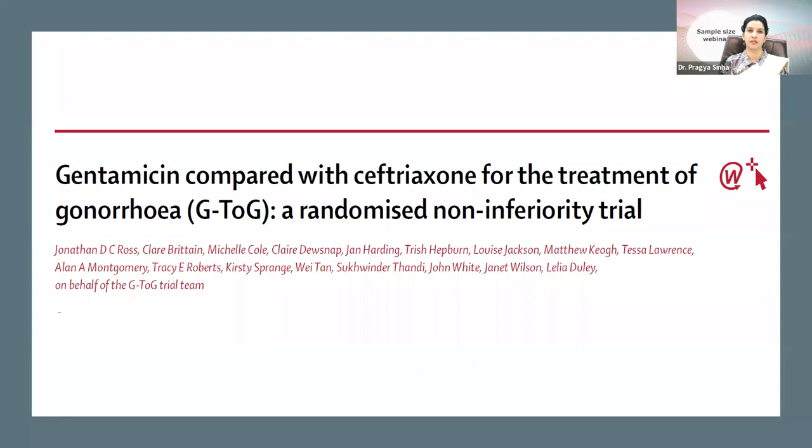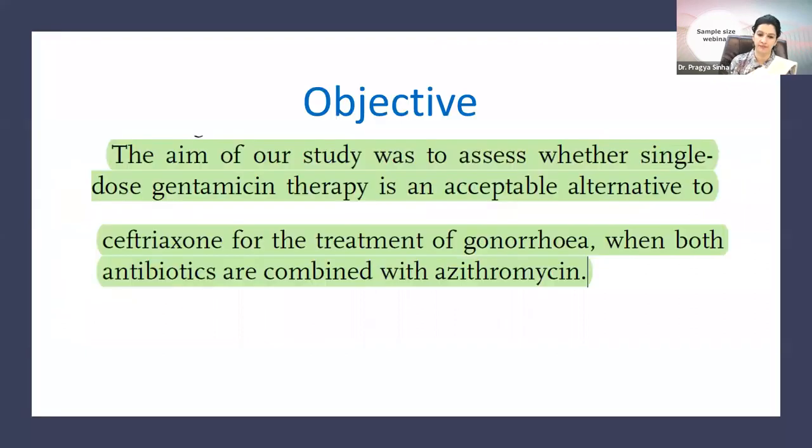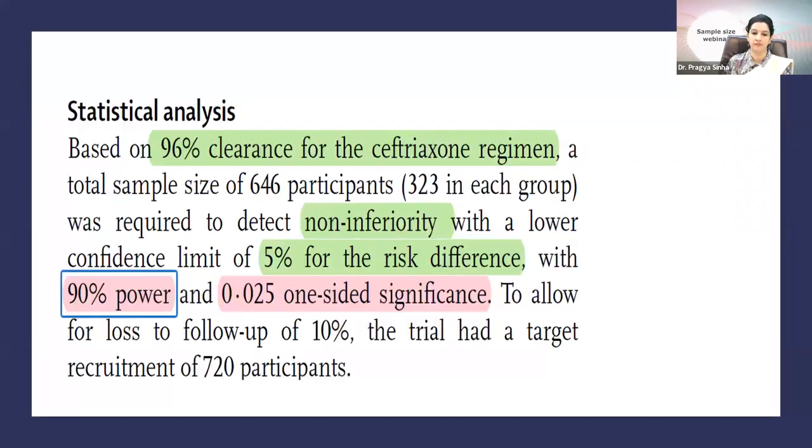There is this article: gentamicin compared with ceftriaxone for the treatment of gonorrhea, a randomized non-inferiority trial. The aim of the study was to assess whether a single dose gentamicin therapy is an acceptable alternative to ceftriaxone for the treatment of gonorrhea when both antibiotics are combined with azithromycin. So they are giving in one arm azithromycin plus ceftriaxone and in the other arm azithromycin plus single dose gentamicin.